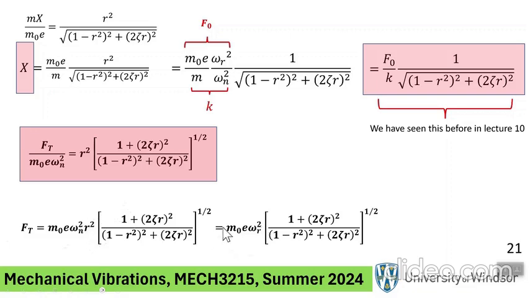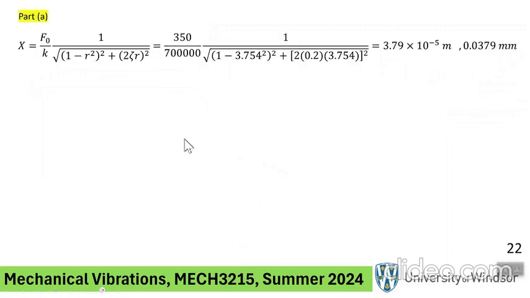So either like that, or this, same thing. If we want to find the transmitted force, we have to know this piece, and this piece is exactly what F naught is, F naught times that expression. So these are the formulas that pop up in rotating unbalance problems. And remember, this combination, the problem statement said, is what is referred to as the disturbing force, which is 350 Newton. So we go and do part A.